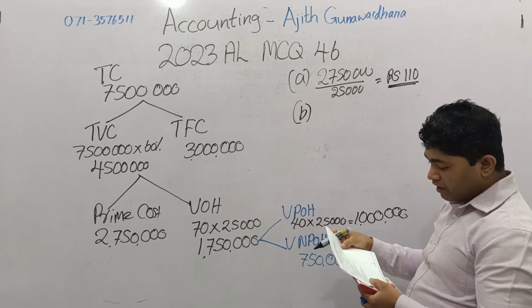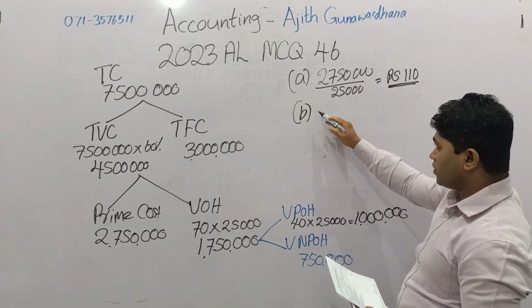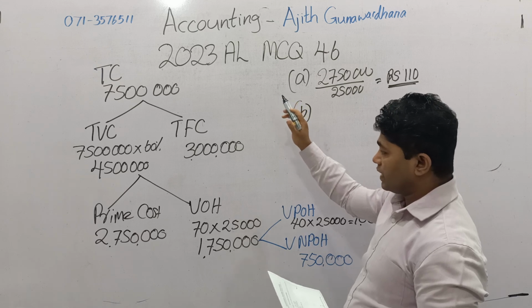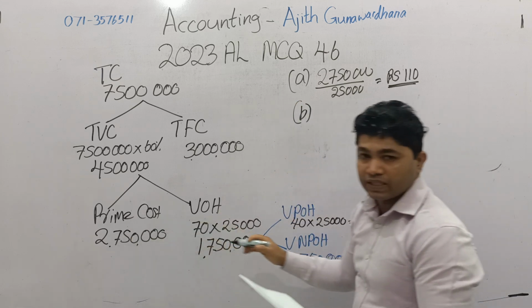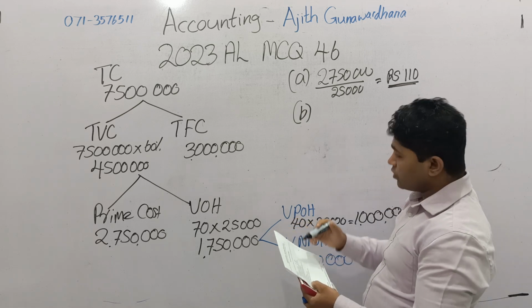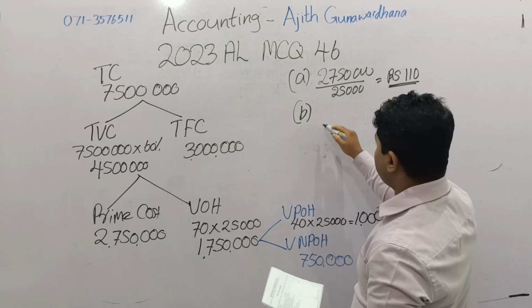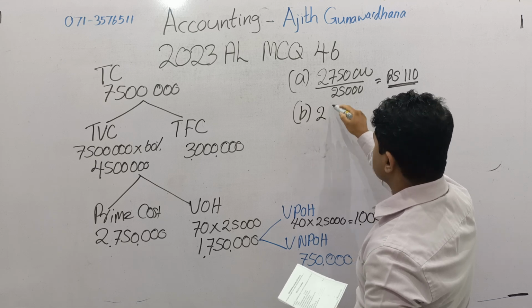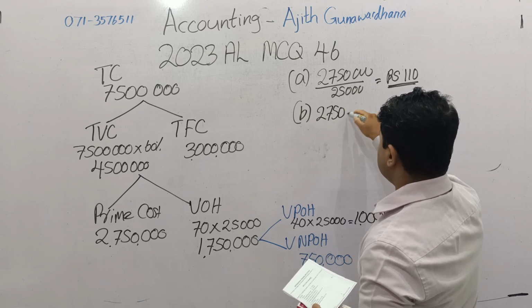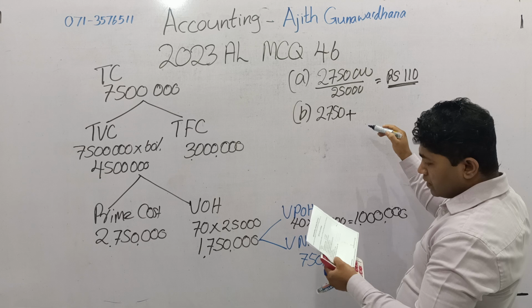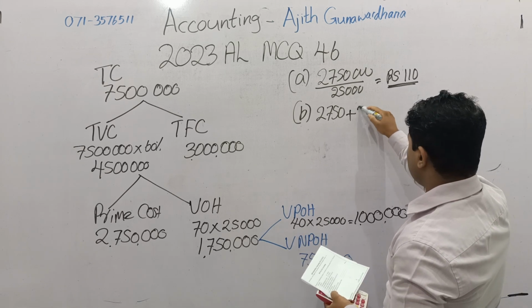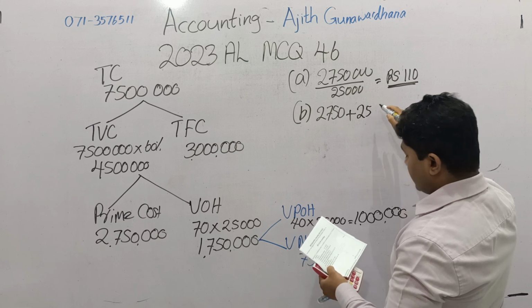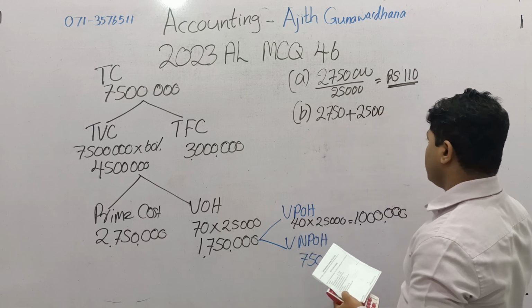Part B, total manufacturing cost. Manufacturing cost includes prime cost as well as production overheads. Prime cost equals 2,750,000, and total manufacturing overhead is given as 2,500,000, 2.5 million.